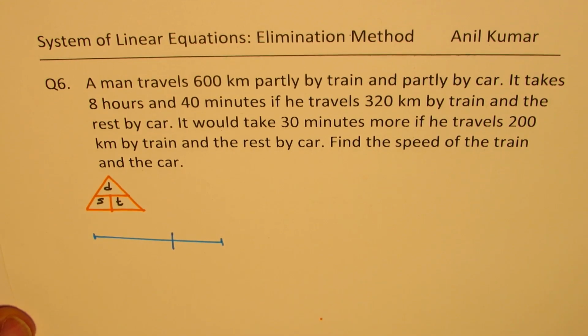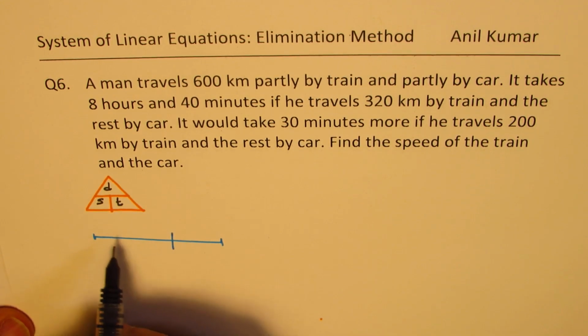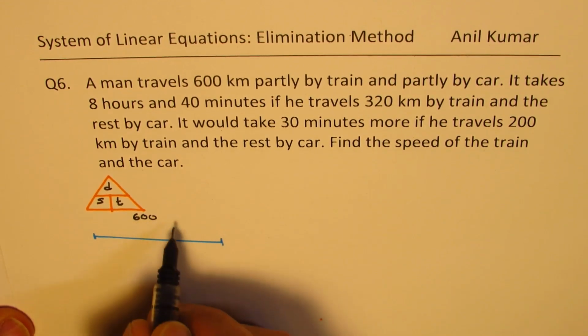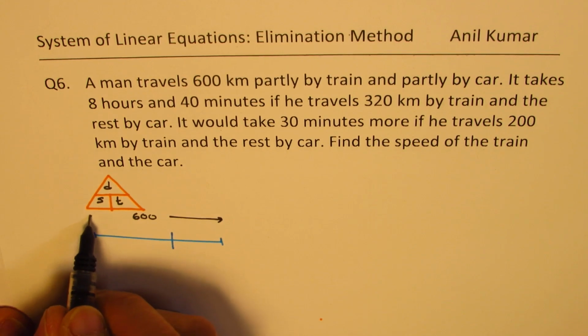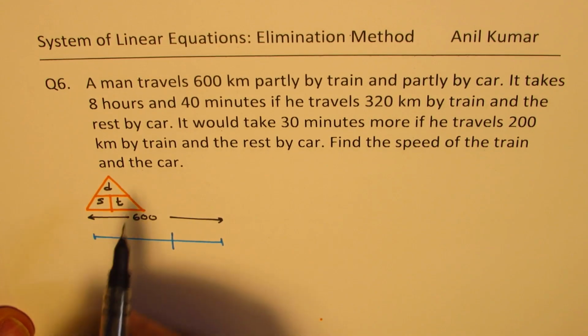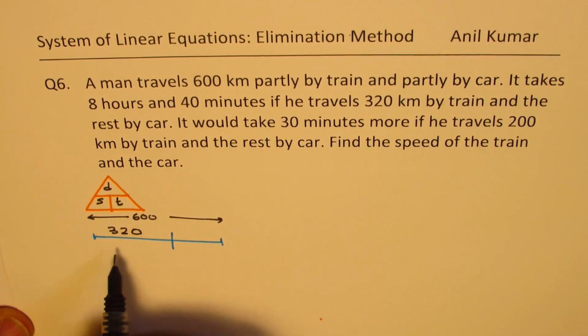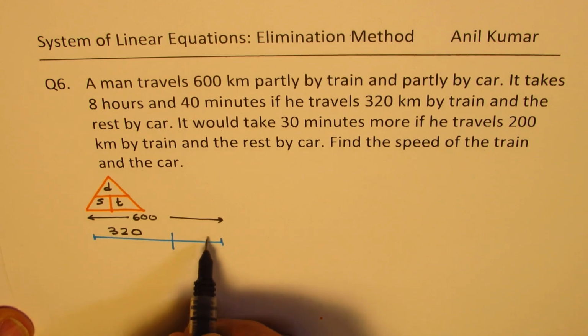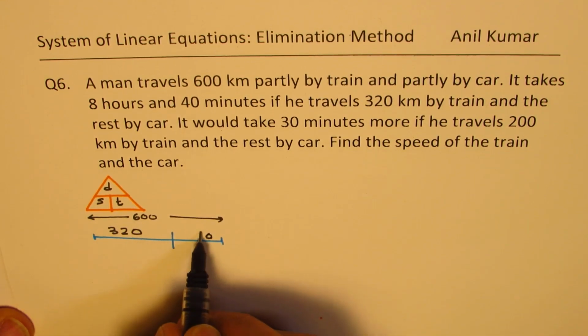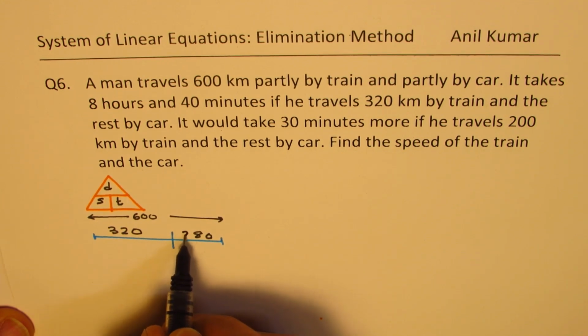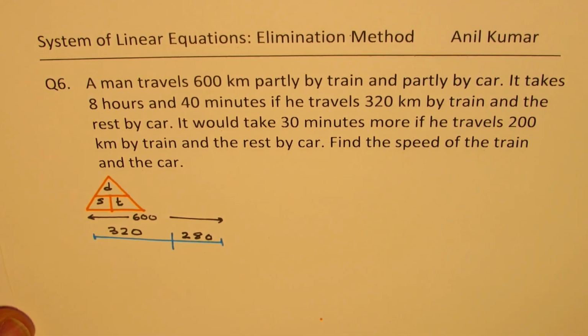The total distance covered is 600, out of which 320 is by train, so the balance is how much? Just take away 320 from 600: 10 take away 2 is 8, 5 take away 3 is 2, so 280.